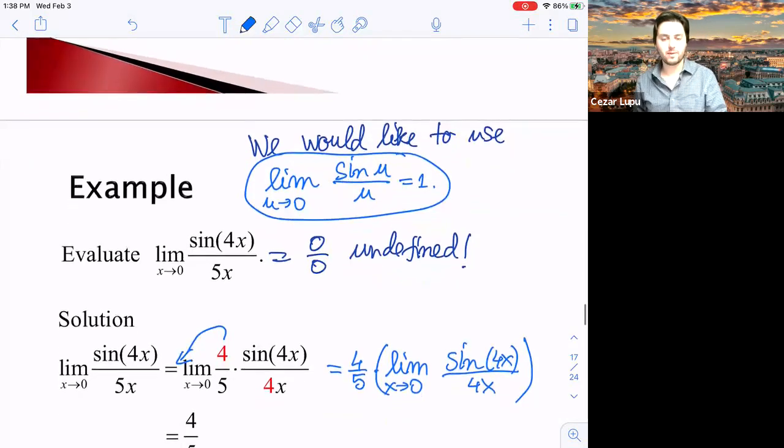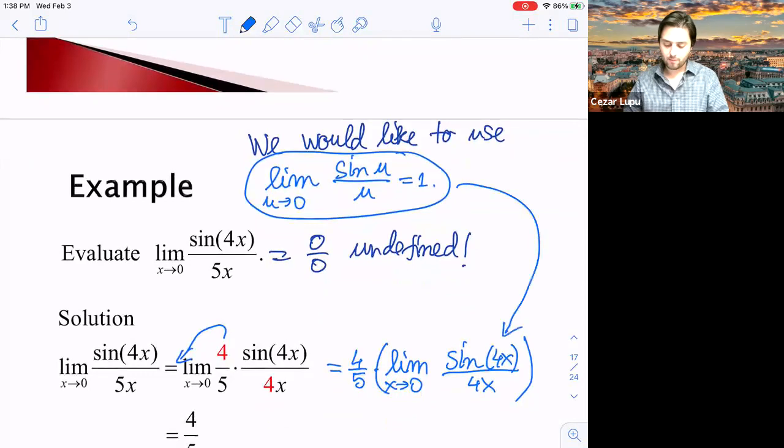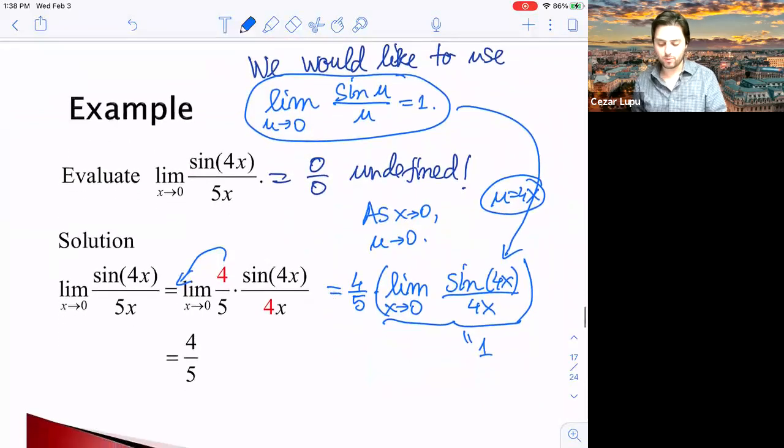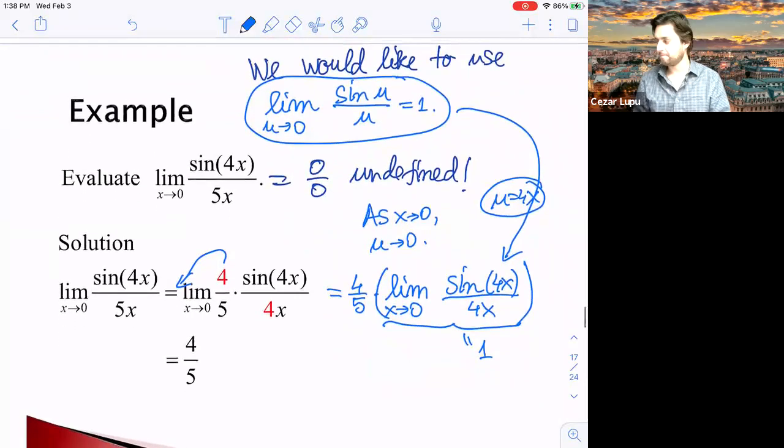So you can apply this here, where u equals 4x. As x approaches 0, u will approach 0. So this is the 1. And guess what? It will be 4 over 5 times 1, which is 4 over 5. So it's very similar.